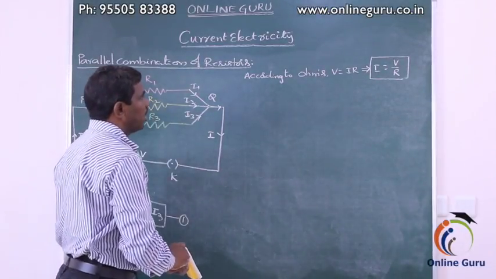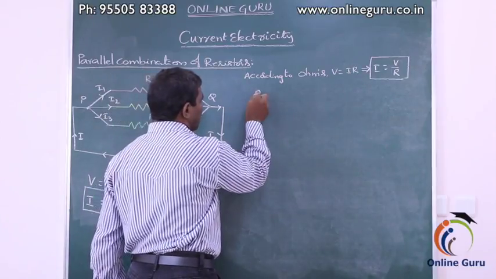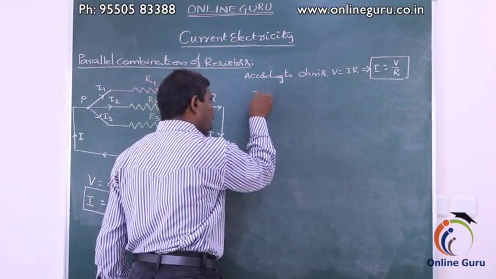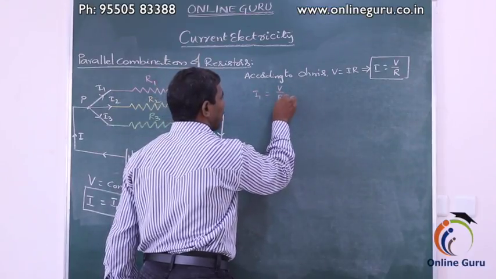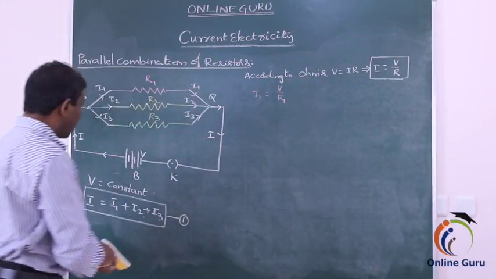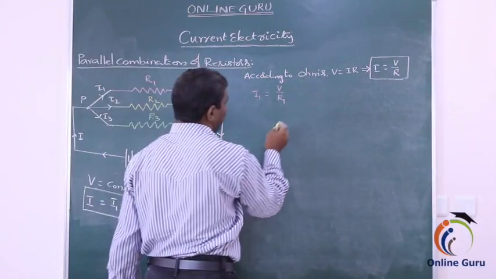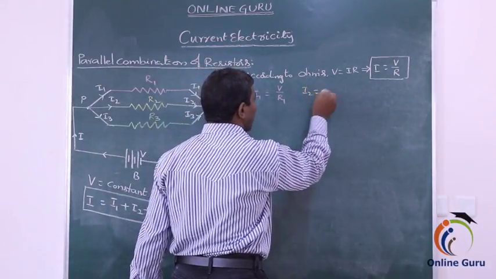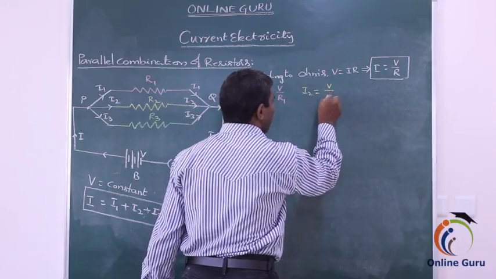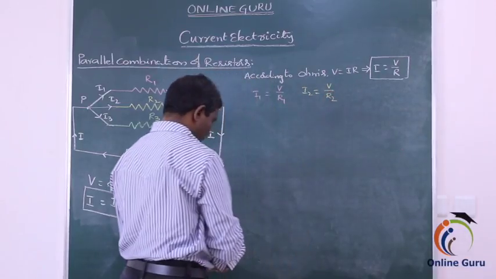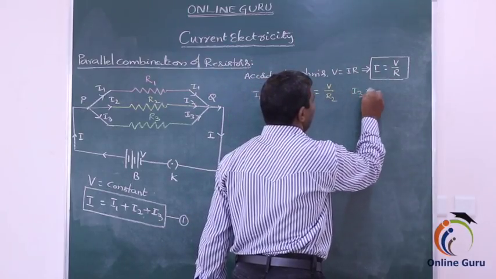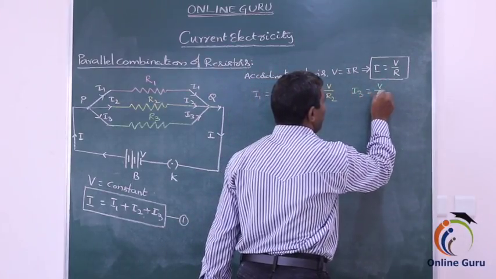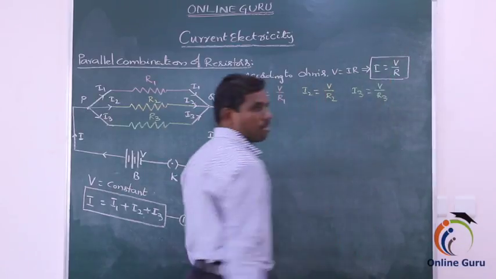Then we get the current through the first resistor, I1 is equal to V by R1. Current through the second resistor, I2 is equal to V by R2. Current through the third resistor, I3 is equal to V by R3.